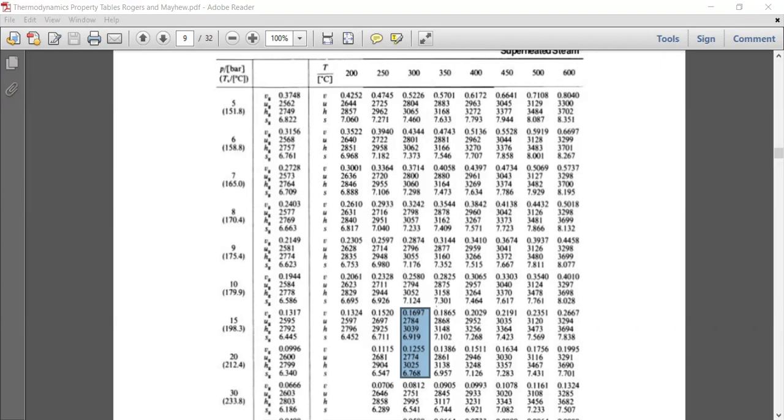At 15 this, at 20 this. So you have to draw a graph here. Let me do a small one for you. Insert the point: at 15 you have this value, at 20 you have this value.